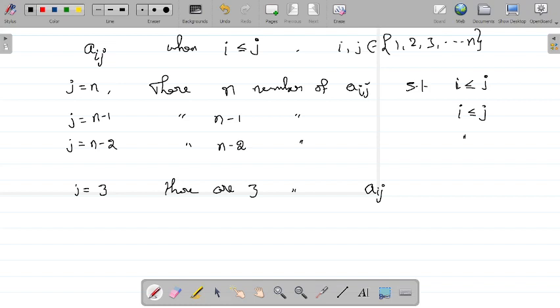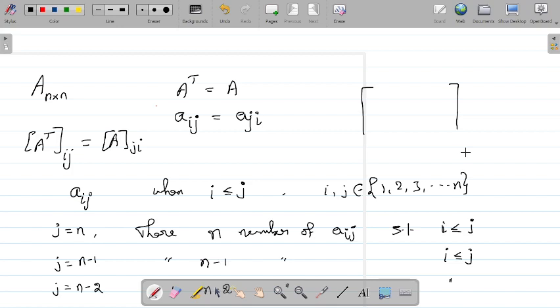so now if you look at it, what are all the elements we have seen now? So if you write a_ij, i less than or equal to j, which exactly represents all the entries which lie on the diagonal and above the diagonal. In other words, when j equal to n, it means you are looking at this column, so the last column. So you came to know that in the last column there are n elements.